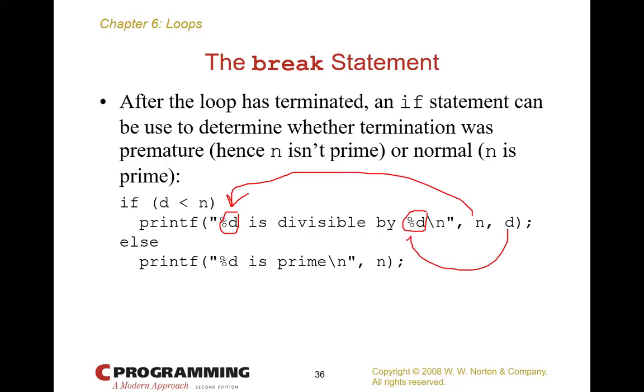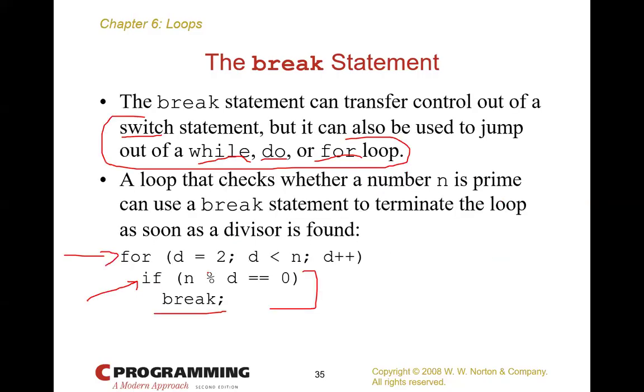So if d is less than n, then certainly n is divisible by d. Else, print n is a prime number. I mean, this will be after the for loop. Because observe, we are trying to see if n mod d is 0.